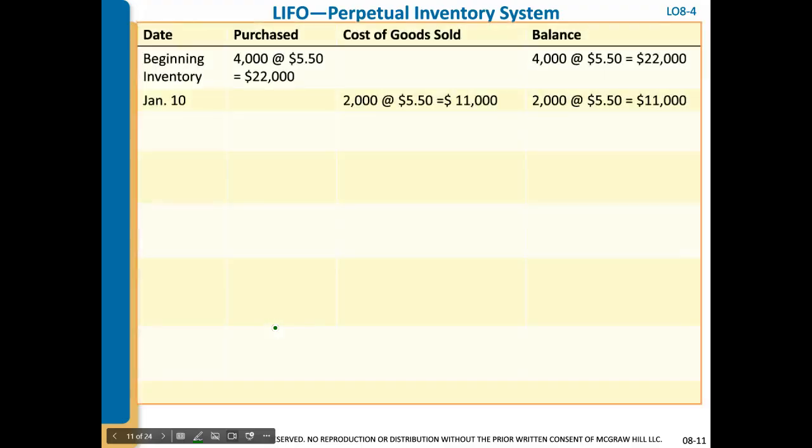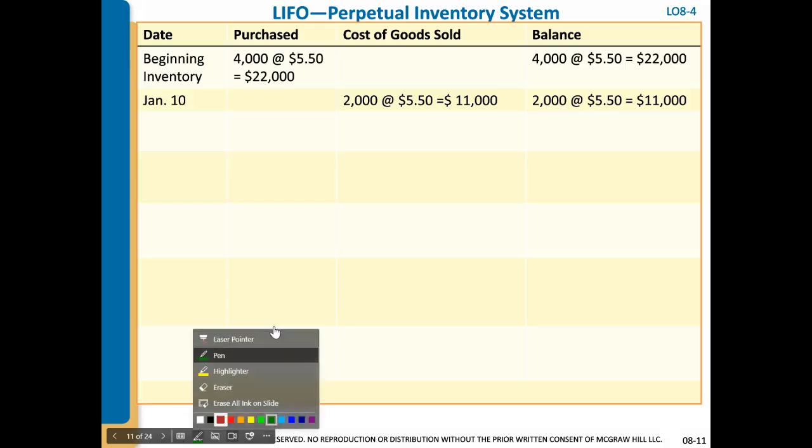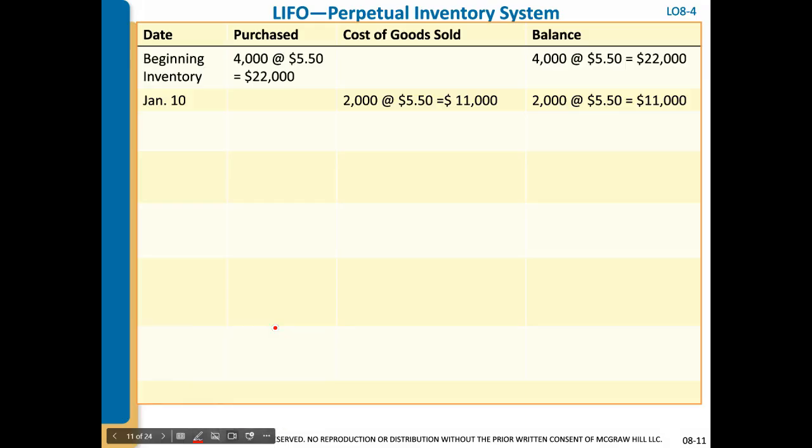Okay, same example, right? And under the perpetual inventory system, we take it layer by layer. We have to keep track of each batch of acquisitions, and every time we sell units, we have to see what layer, what batch that amount is taken from. So our beginning inventory is 4,000 units at $5.50, so our beginning inventory is $22,000.